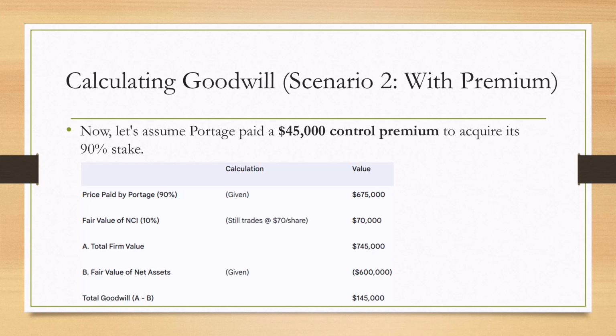This increases the total implied value of the firm to $745,000. When we subtract the same $600,000 of net assets, our total goodwill rises to $145,000. But who does this extra $45,000 of goodwill belong to?